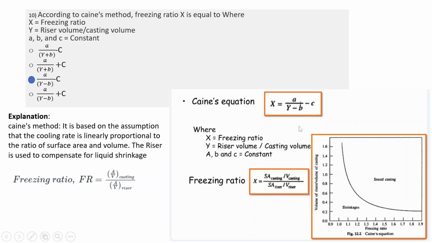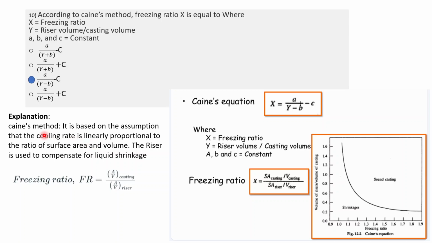Now based on this equation, the relation can be plotted in the graph. After this plot, if your values fall in this region, then you will have a sound casting, and if the ratio is in this area, then there will be shrinkage present in your casting. So these are optimized using this relation.